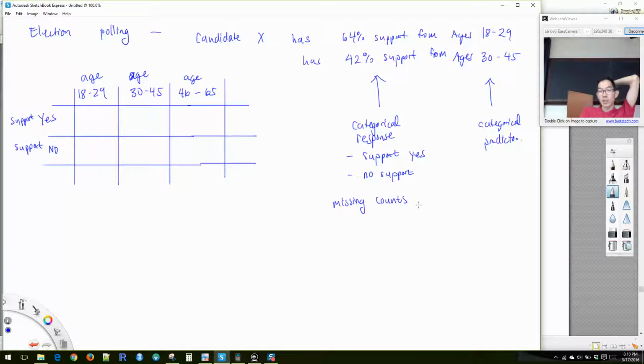We're missing the actual counts because if somebody says, I did a survey and I surveyed 5 random people, and candidate A has 80% support among the 5 people, your answers are not going to be significant. But if you surveyed 500 people and candidate A has 80% support, that's saying a lot.